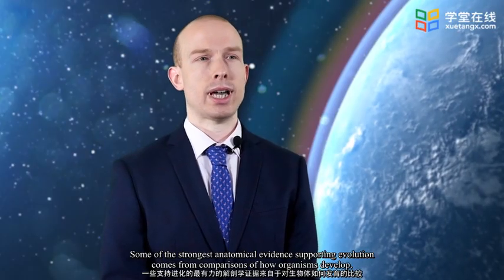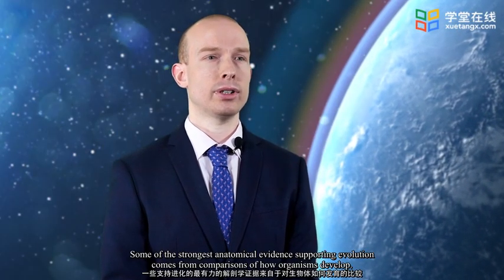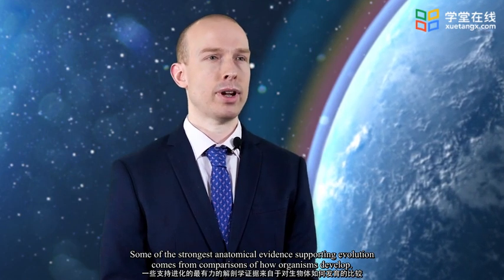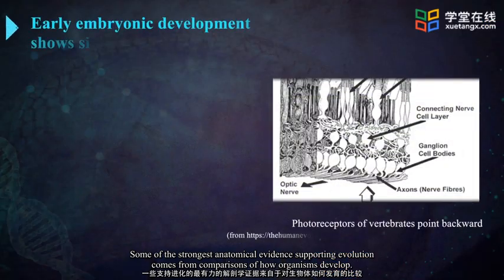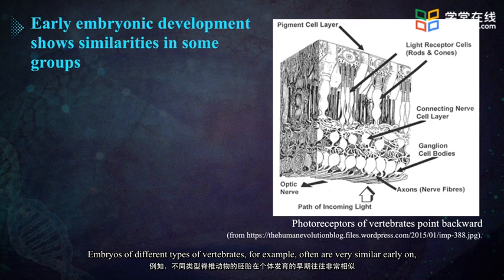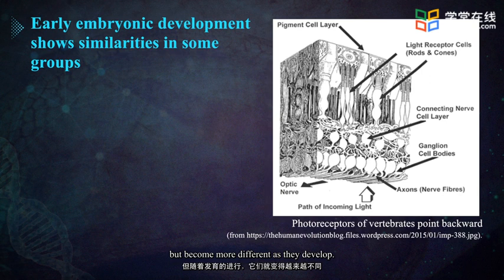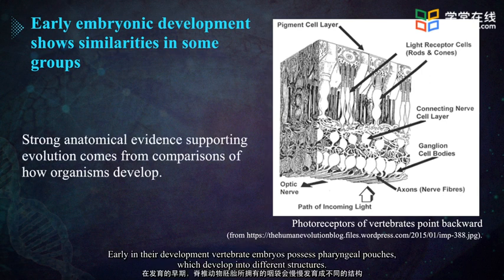Some of the strongest anatomical evidence supporting evolution comes from comparisons of how organisms develop. Embryos of different types of vertebrates, for example, often are very similar early on, but become more different as they develop. Early in their development, vertebrate embryos possess pharyngeal pouches, which develop into different structures.